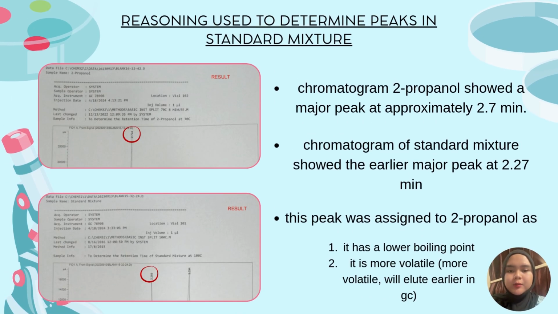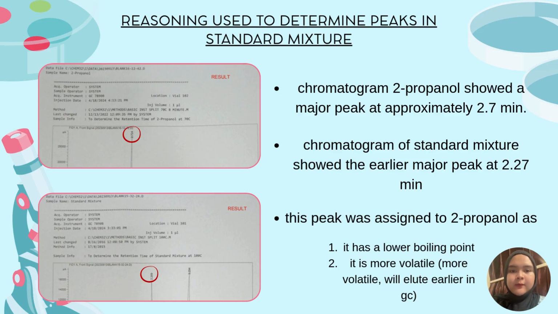Next, the reasoning used to determine peaks in the standard mixture. The first picture at the top is a chromatogram of 2-propanol that shows a major peak at approximately 2.7 minutes. Meanwhile, the bottom picture shows the chromatogram of the standard mixture that has the earlier major peak at 2.27 minutes. This peak was assigned to 2-propanol as it has a lower boiling point and, secondly, it is more volatile, which means it will elute earlier in gas chromatography.